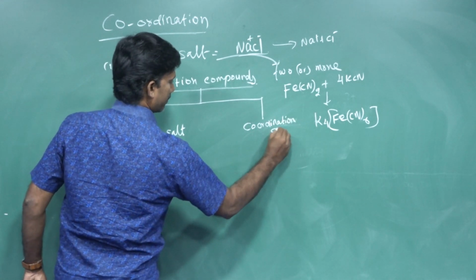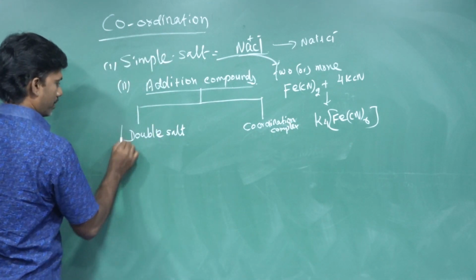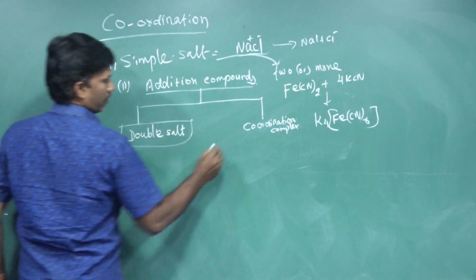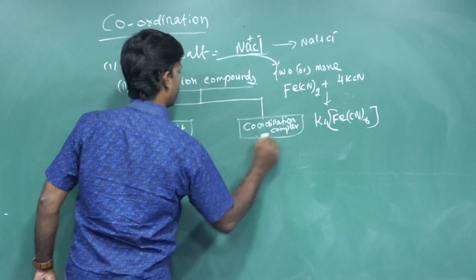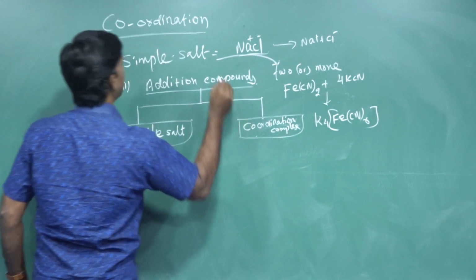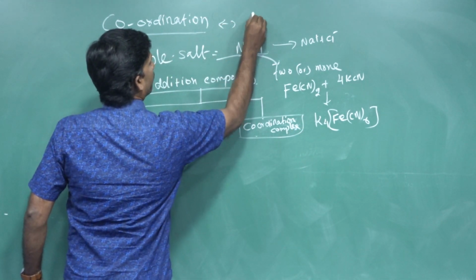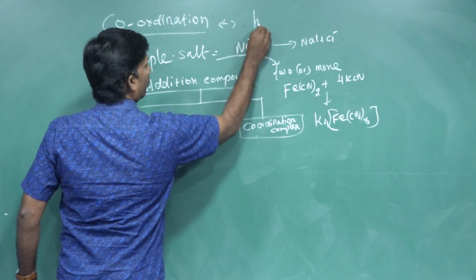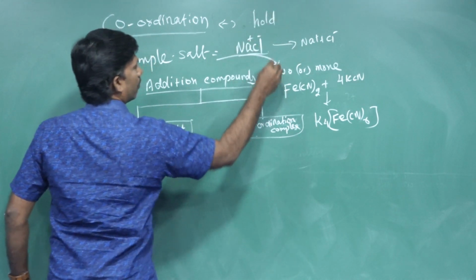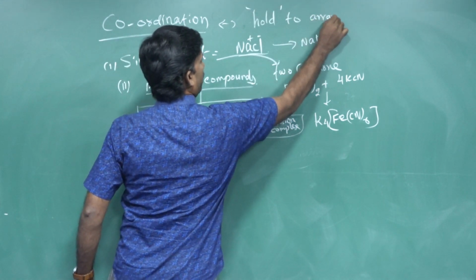Coordination complex is a Latin-derived word. Its meaning is to hold and to arrange.